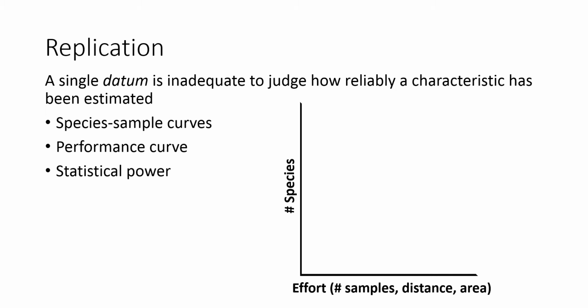So you guys are saying something like this is what you'd expect. You put in some amount of effort and you get some number of species. Does that seem like a reasonable approach?